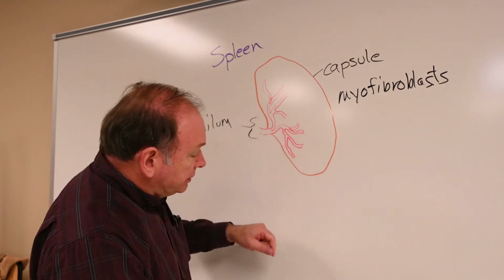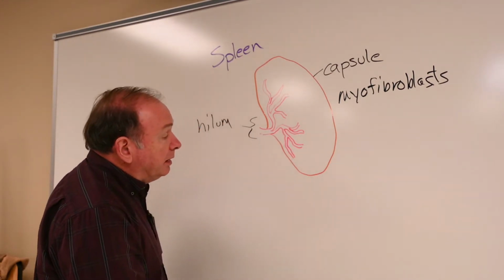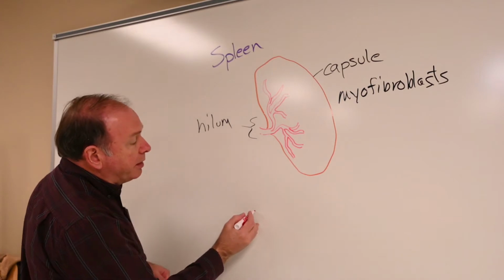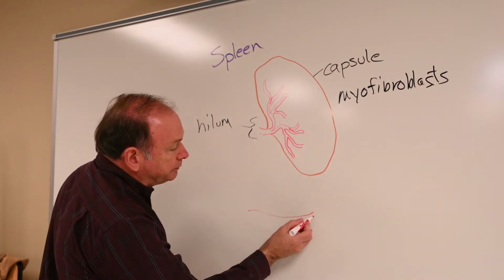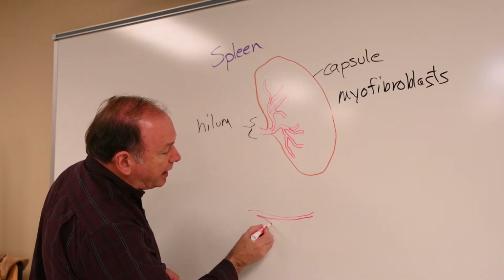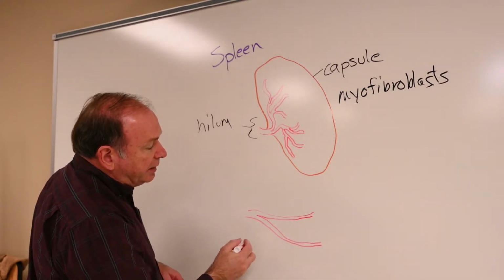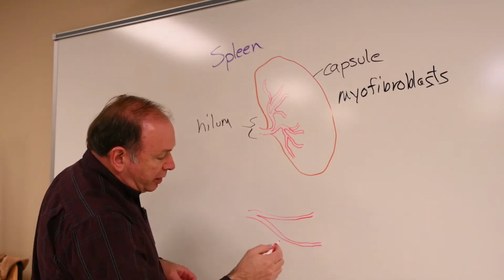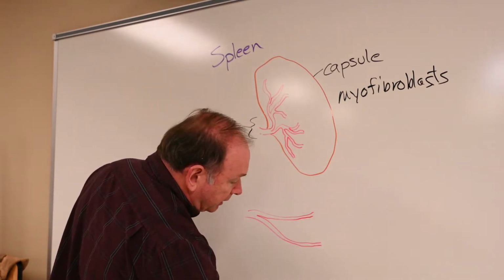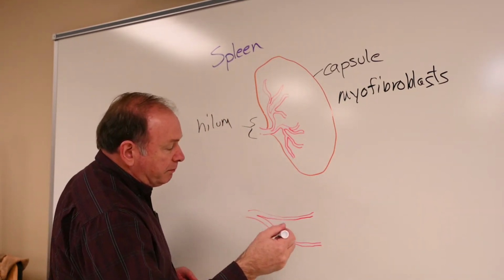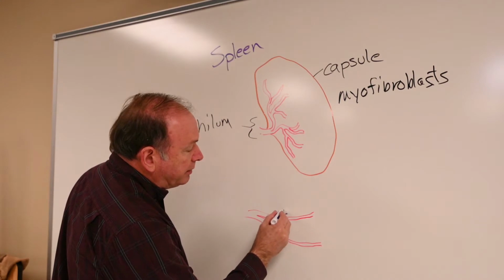Now these vessels, the arteries as they come in here, let me try to make a little drawing down here. The arteries that come in are going to eventually branch into what we call central arteries. So these central arteries are going to be surrounded by lymphocytes making up that white pulp of material.